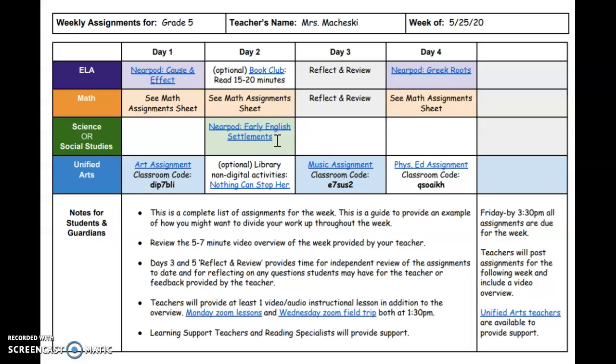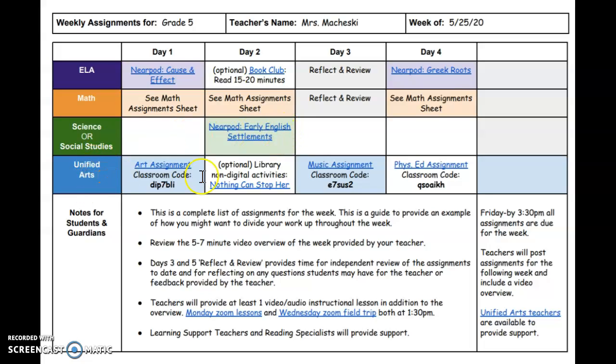The learning objective is, I can identify challenges and compare and contrast the first 3 English settlements in the New World. So this Nearpod module is a lot of fun. You'll get to watch a video clip for each settlement, followed by a virtual outing that corresponds with that settlement, and then a review question.